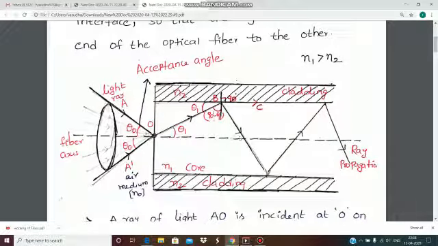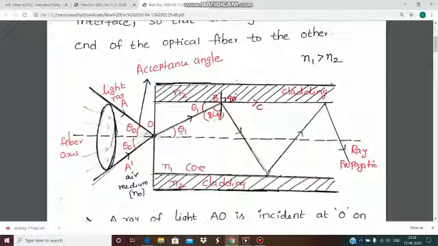Now, this is the light ray. AO is the light ray. It is incident at one particular point, the point O, with an angle of incidence theta naught. It makes theta naught angle with the fiber axis. After this, the light ray is refracted into the core material with an angle of refraction theta 1.